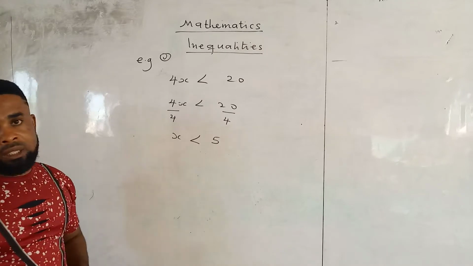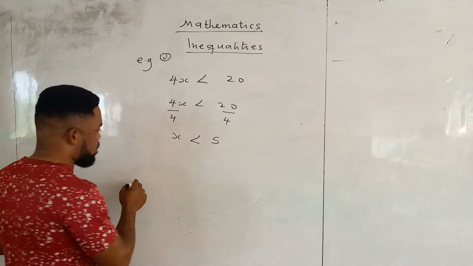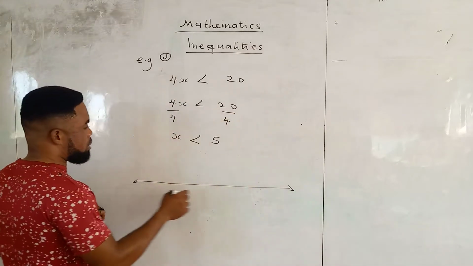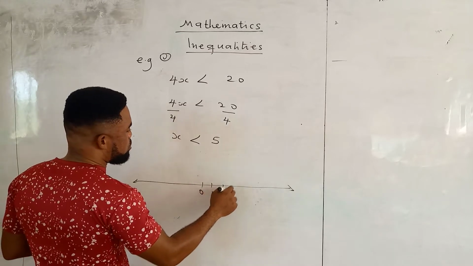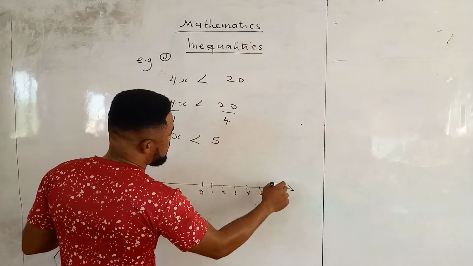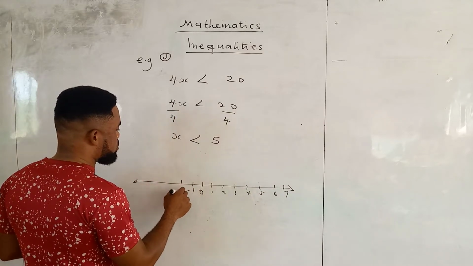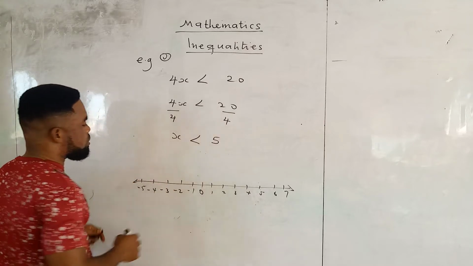Good. So now, when it happens like this, sometimes in some problems they will ask you to draw a number line for your answer. So you can draw a number line for it. So this is my number line. So I have 1, 2, 3, 4, 5, 6, 7, negative 1, negative 2, negative 3, negative 4, negative 5.